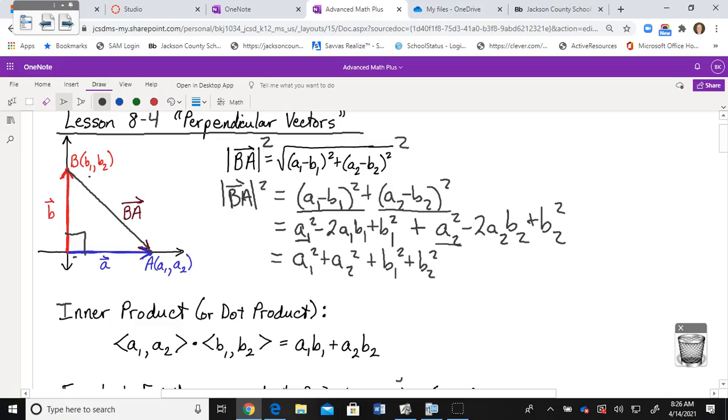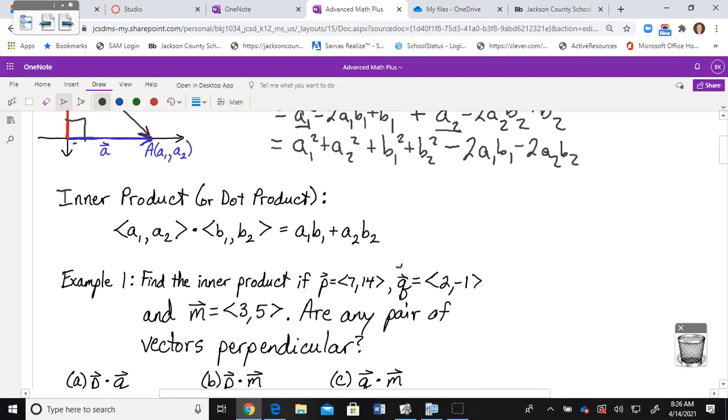And that would leave me with minus 2A1B1 minus 2A2B2, okay? Again, all I did was rearrange it, and everything I'm writing on here is on page 505, okay? What can I take out of this? What do they both have? The minus 2, okay?